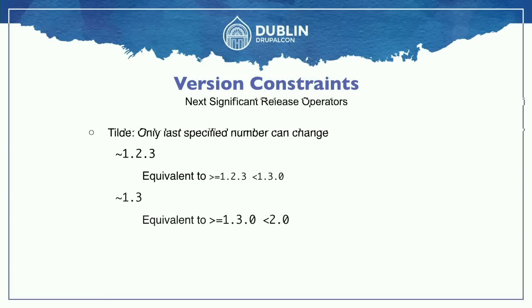If I write tilde 1.3, it's going to give me any version 1.3.0, but up to 2.0. So this is a much better way to specify it, because you can specify a minimum, and Composer doesn't have to search all of the previous releases. It knows that I'm only going to have a minimum of 1.3, but I can have up to 2.0.